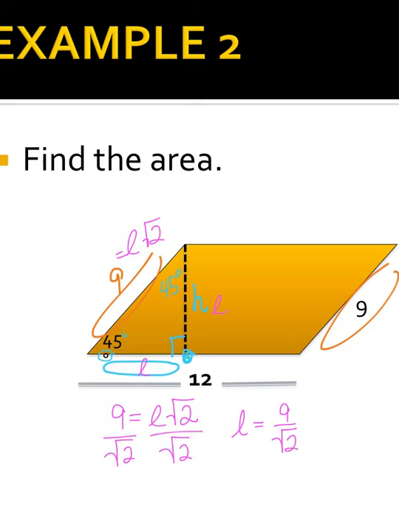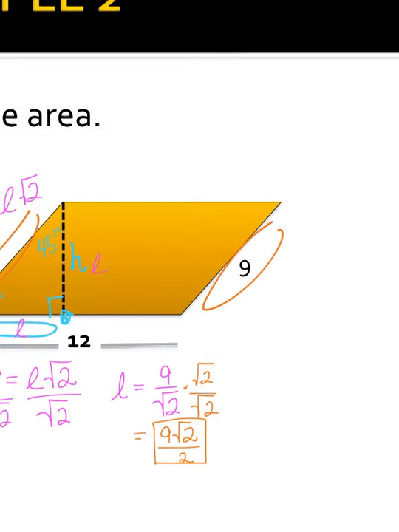I'm going to rationalize this denominator because we can't leave radicals in the denominator, so multiply numerator and denominator by square root of 2 over square root of 2, and we end up with 9 root 2 on top, square root of 4 on the bottom, which is 2. So now the area of this parallelogram is its base, 12, times the height that I just found, because the leg is the height, 9 root 2 over 2.